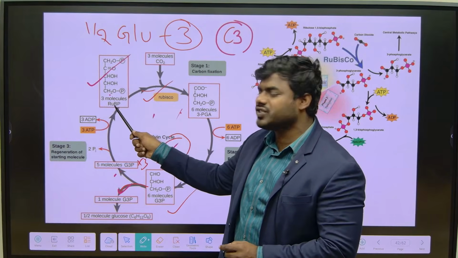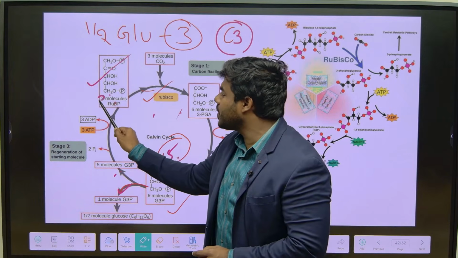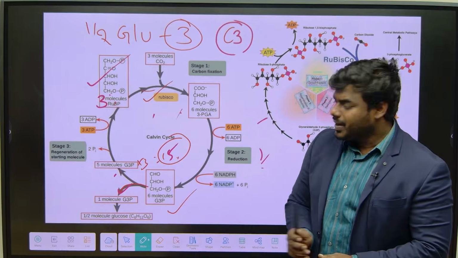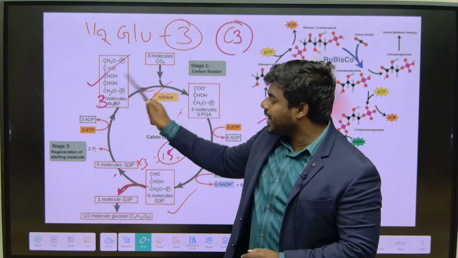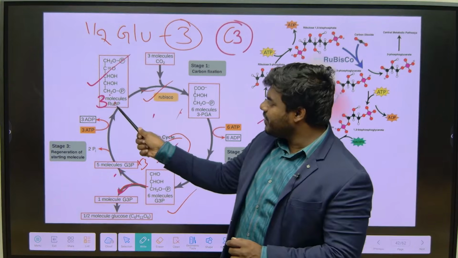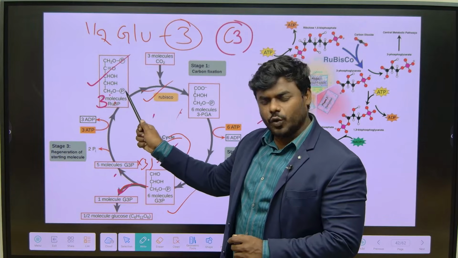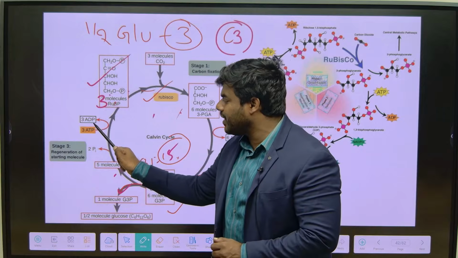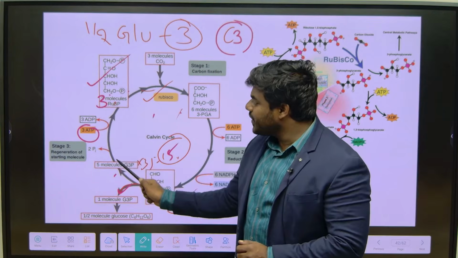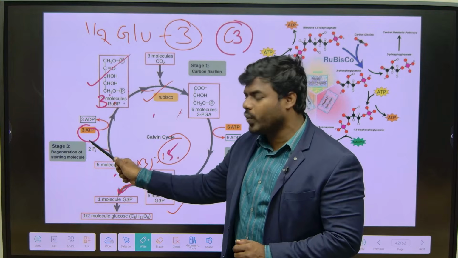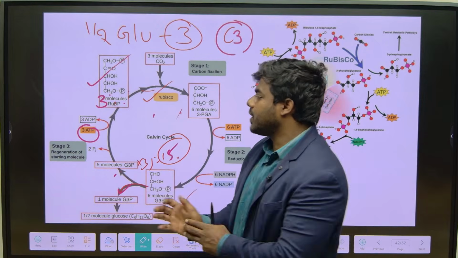We can generate only 3 molecules of RuBP, because each RuBP is a 5 carbon compound. While we are regenerating the RuBP, every cycle we use 1 ATP. Since we regenerated 3 RuBP, we use 3 molecules of ATP.